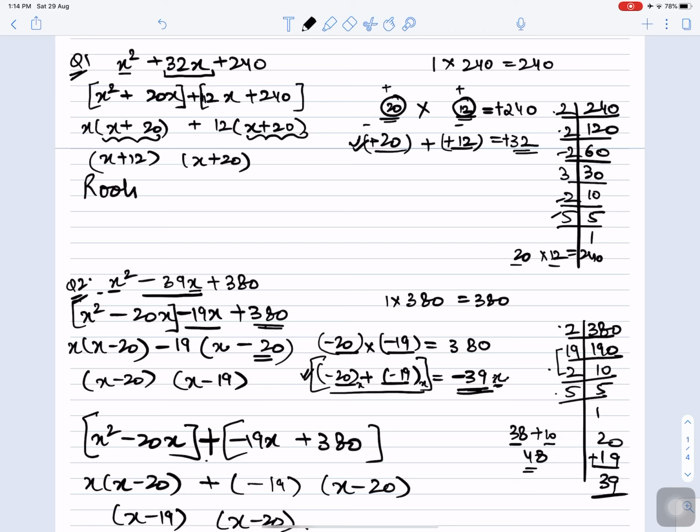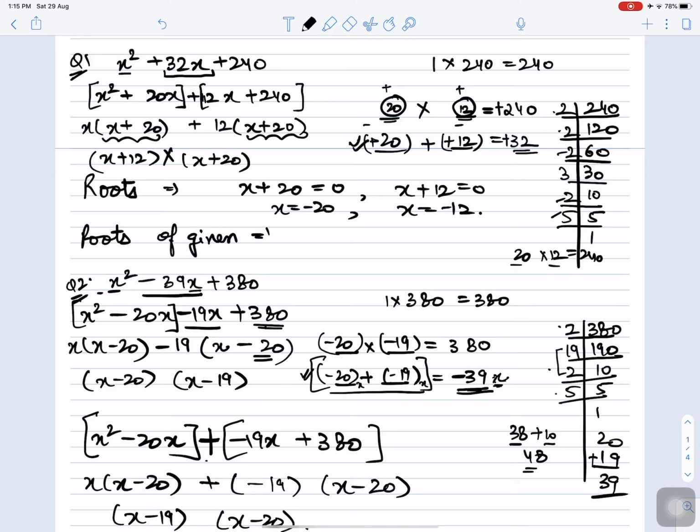So first we have to find the factors of the expression. Then you put each of them equal to 0. So my answer comes out to be x is equal to minus 20, x is equal to minus 12. So roots of the given equation are minus 20 and minus 12.